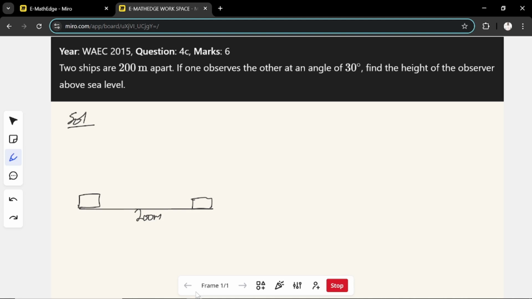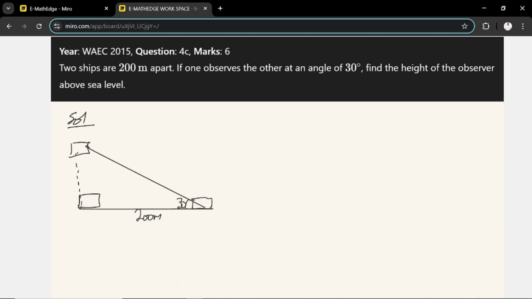So now, let's say this first one goes above the sea level and observes the other one at an angle of 30 degrees.